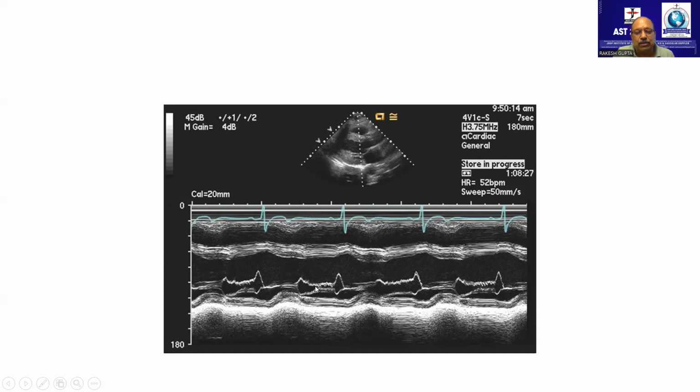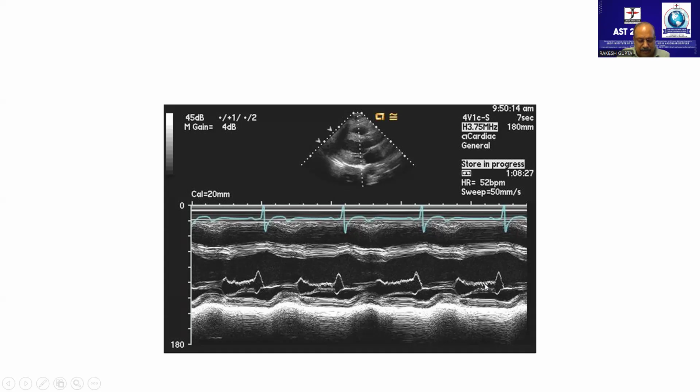So look at this sawtooth kind of appearance. Yes, fluttering of AML. Look, this is AML. This is not PML. PML is over here. So this PML will go down, AML will go up. This AML will be affected by the AR jet, so you get fluttering of AML. This sawtooth is very critically seen over here.